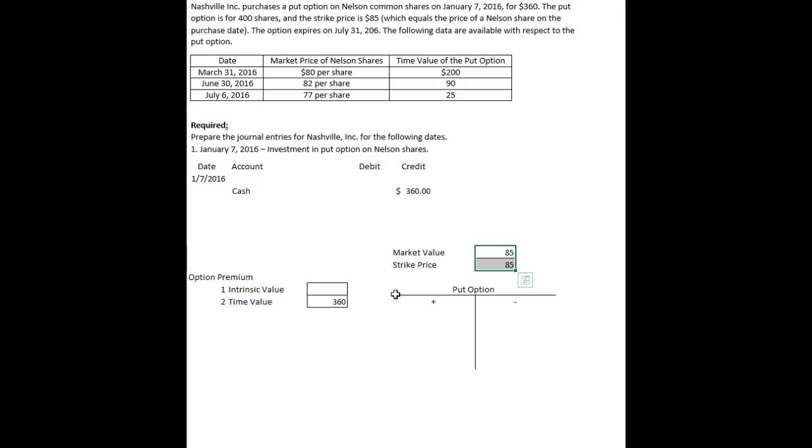So the intrinsic value at that point in time is zero. So the option premium when we buy or enter into this contract is $360, and we put that onto our balance sheet, and in this case it'd be labeled as a put option. So that's the first transaction on January 7th when we enter into the contract.